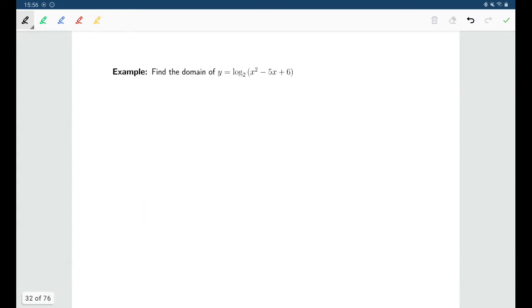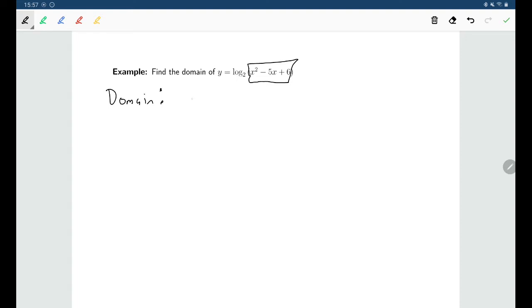All right, so for the first problem here, this is us finding the domain of this logarithmic function. We have log base 2 of this expression, x squared minus 5x plus 6, and we want to know what the domain is. One thing that we know is that the domain would have to include only the values of x which make the inside not negative.